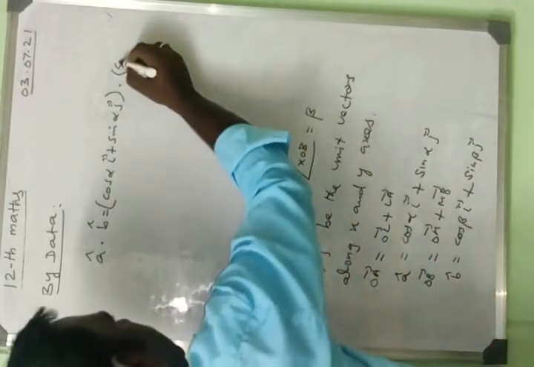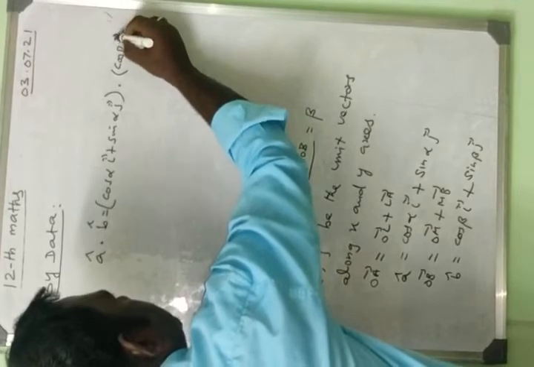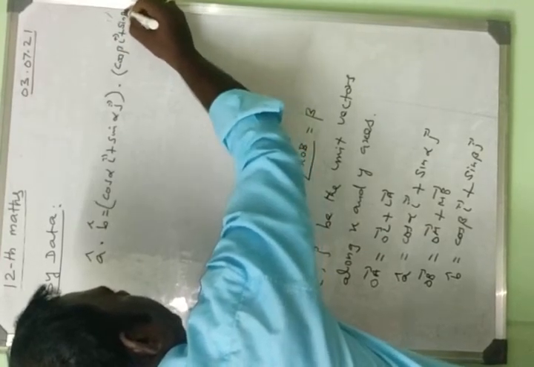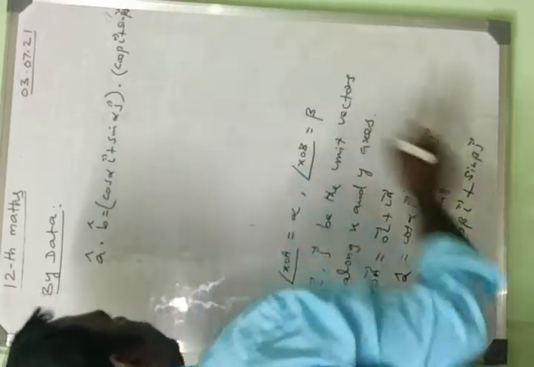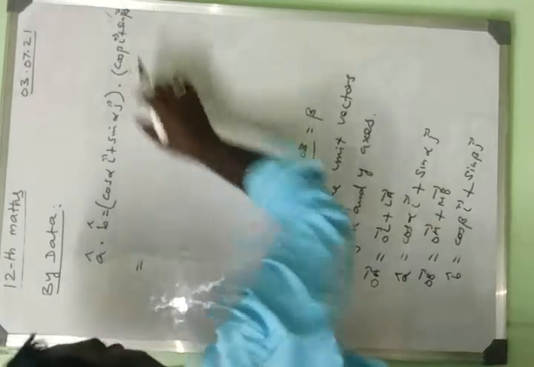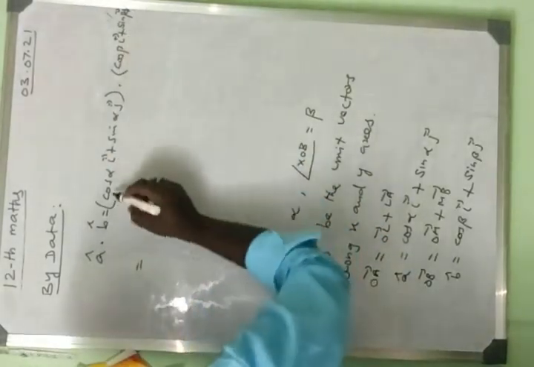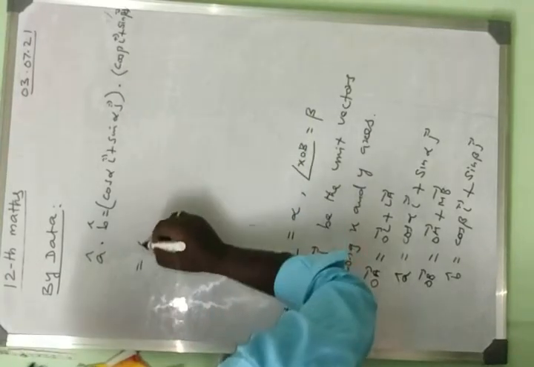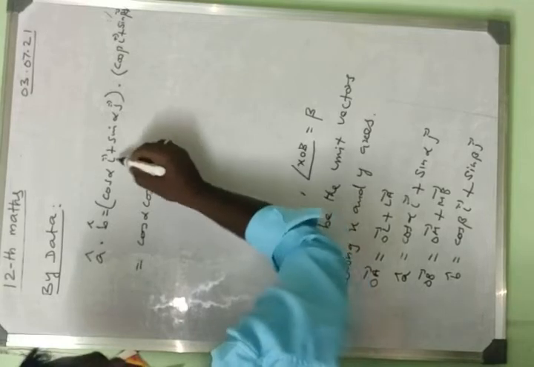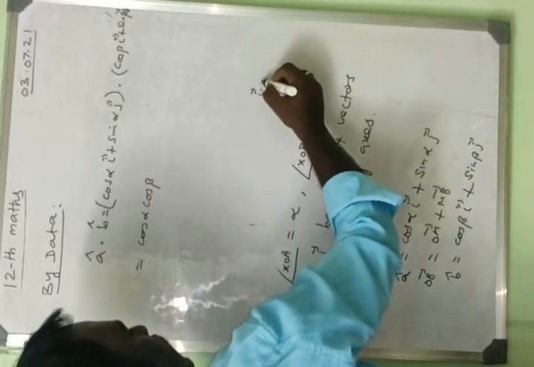Cos beta vector I plus sin beta vector J, like this. Now multiply both terms. How to multiply? Corresponding I terms first: cos alpha, coefficient cos beta, so cos alpha cos beta, I dot I, we get 1. Vector I dot vector I, the same.